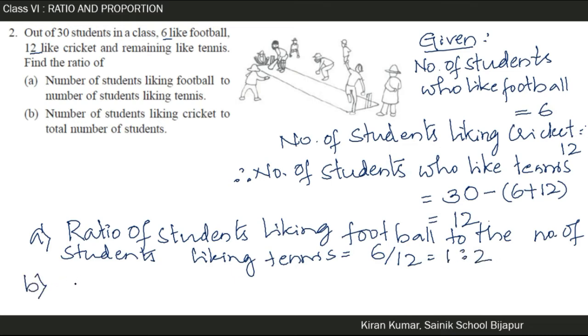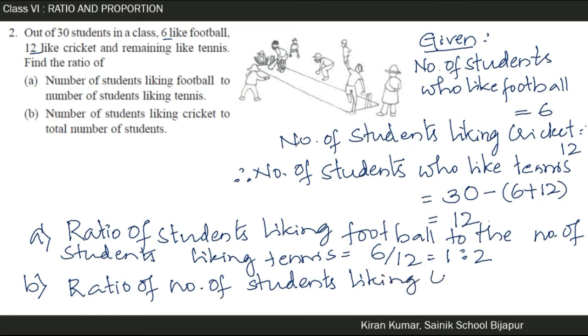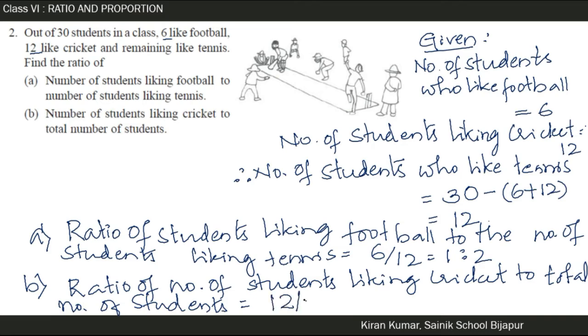For the second one, the required ratio of the number of students liking cricket to the total number of students will be equal to 12 upon 30, 6 2 times and 6 5 times. So 2:5 is the ratio.